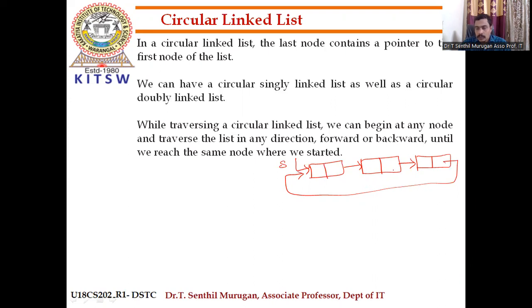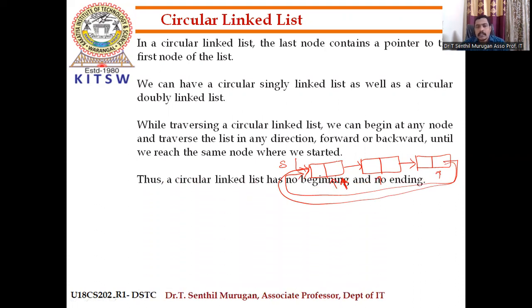Suppose we want to access a node: if we traverse from the first node, we visit this node, then this node. In case we want to visit the first node again, reverse direction is not possible. So we will traverse up to the last node, then we can go forward in this direction, and then this node will be accessed. So this is the point we are discussing.